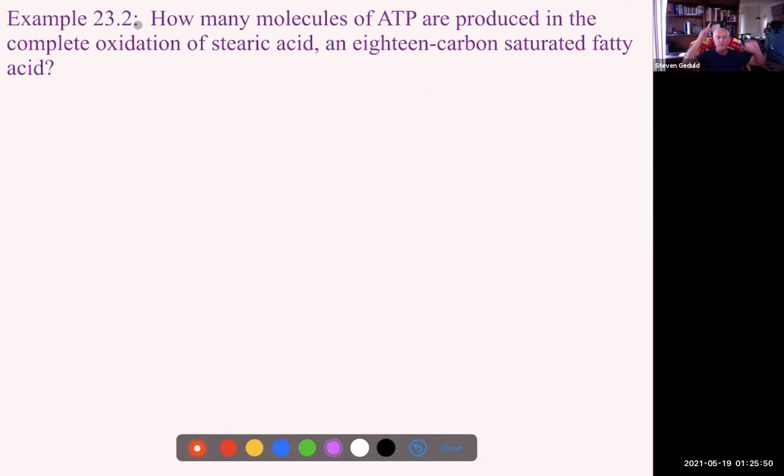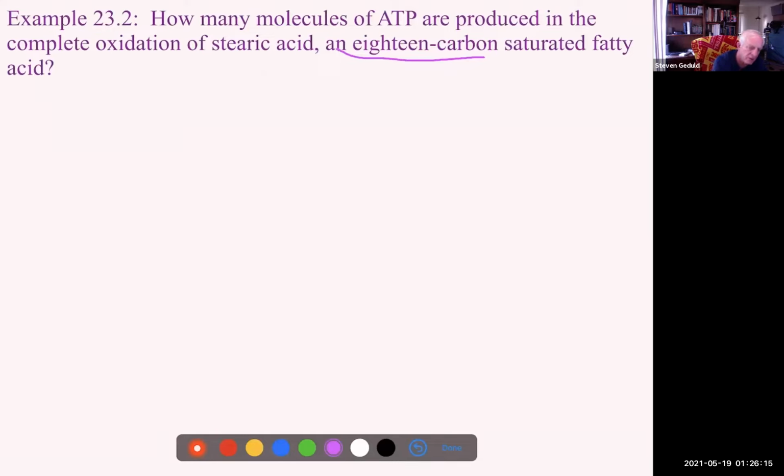Okay, so how many moles of ATP are produced in the complete oxidation of stearic acid? Stearic acid is an 18 carbon saturated fatty acid. So we have 18 carbons. You're going to break it into groups of 2 carbons, 9 acetyl coenzyme A's, and you're going to have 8 bonds being broken to form that.